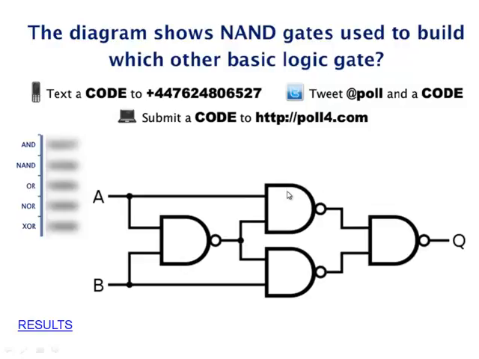And then this output here is going to be the output of A NAND C. And we could call this output D. And again, we could call this output E, and this is going to be the output of B NAND C. And then we can, again, one more step. We've got 2 values here. Can we find out what the output is going to be at the end here?